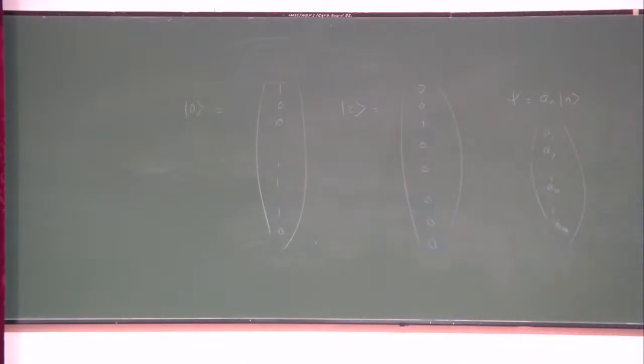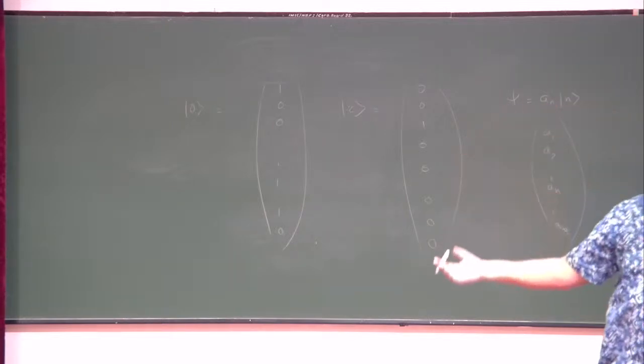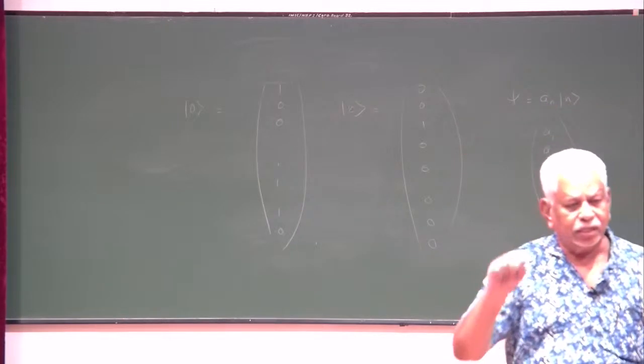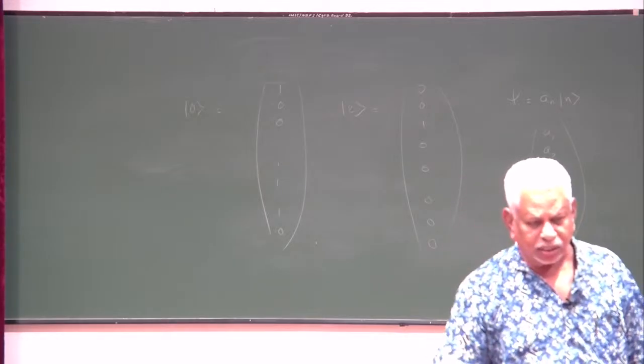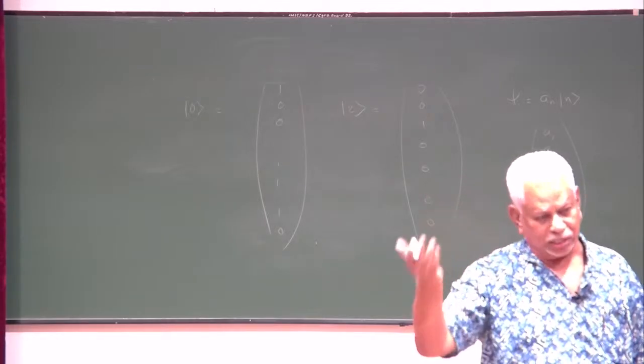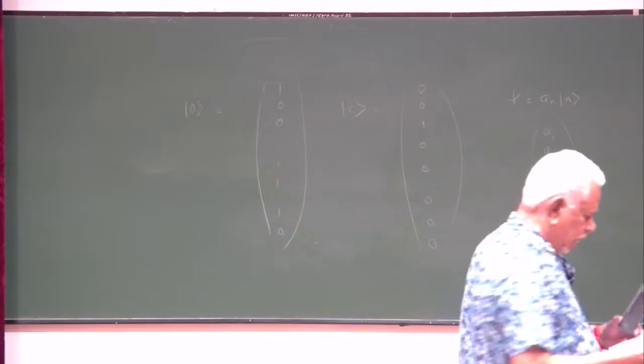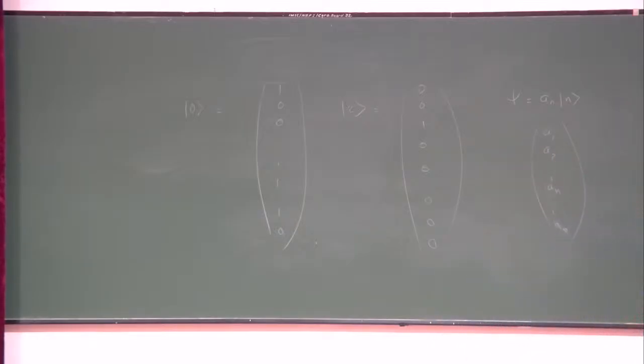So the operator A dagger is a matrix. I told you it is a matrix. It transforms one vector to another vector. What does it do? A vector with 1 at the nth position transforms to one with 1 at position n plus 1. I will write down A dagger for you.